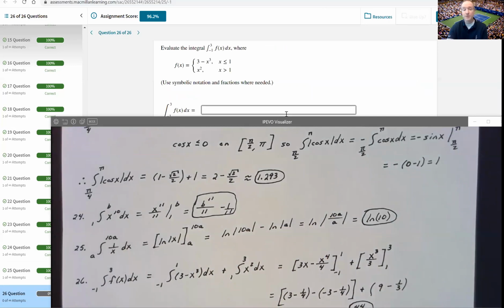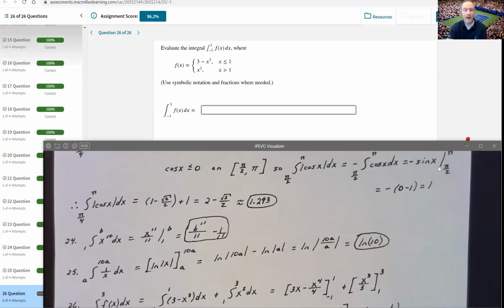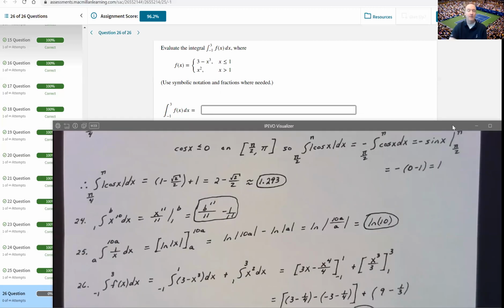For the last question here, I really like this one. It's asking me to evaluate the integral from -1 to 3 of f of x dx, where f of x is a piecewise defined function. So it's telling you that f of x, anytime x is less than or equal to 1, is 3 minus x cubed.